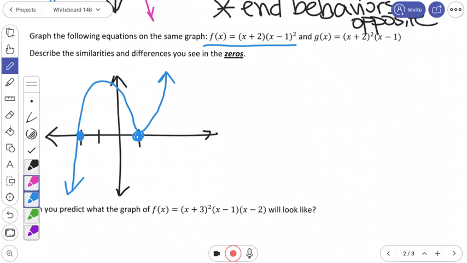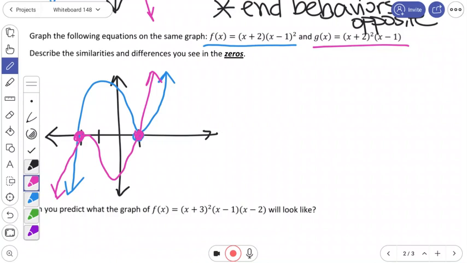Now, if we graph g of x, we also have x-intercepts at -2 and +1, but look at the difference that happens. In this instance, our graph, I know it looks like I have a shaky hand. It's just hard to draw on this thing. Our graph looks like this instead.